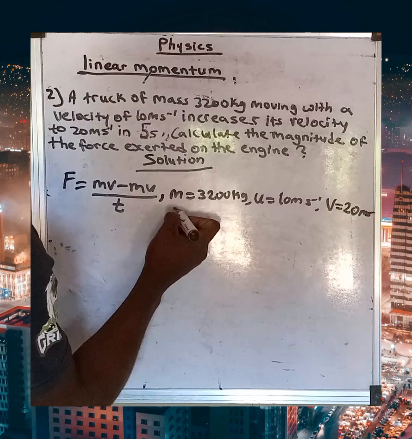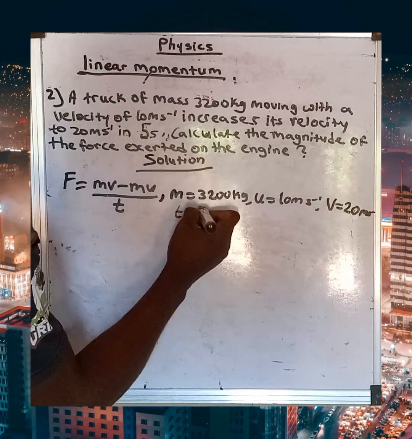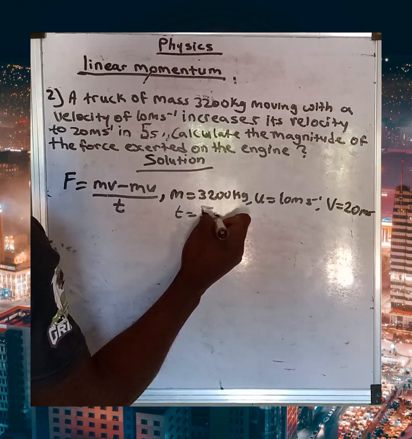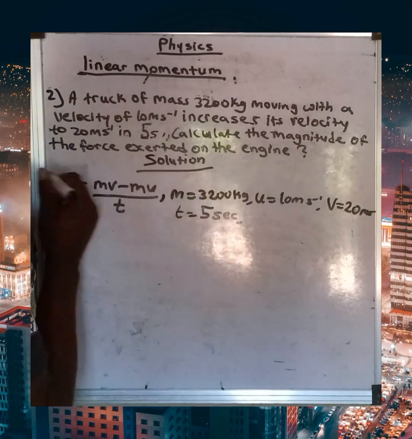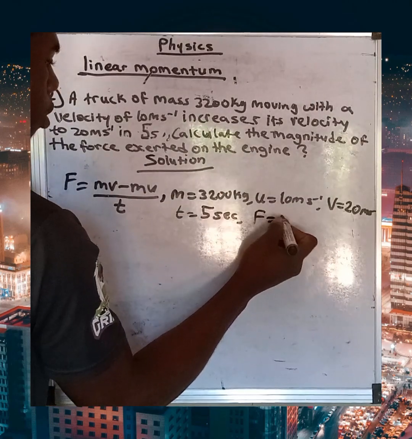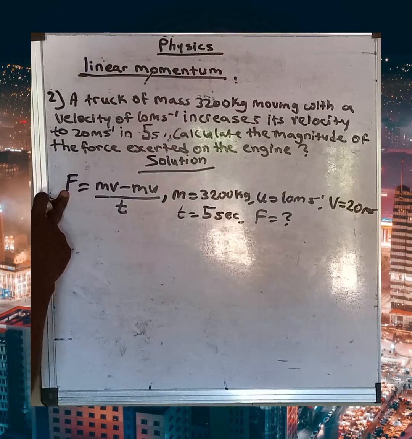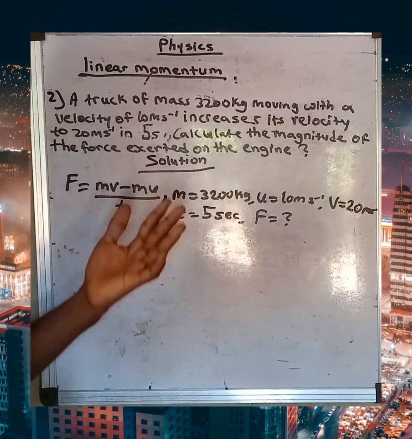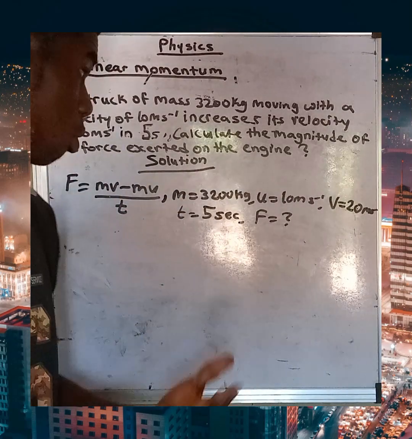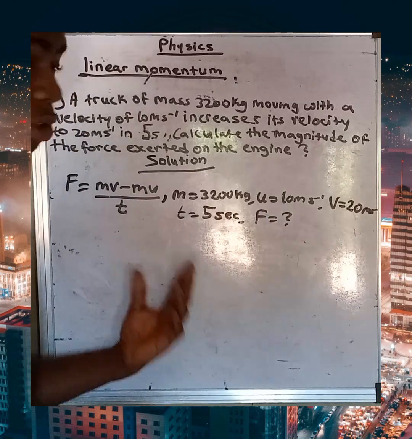And we are given time to be equal to 5 seconds. So we are asked to calculate force. So we'll be looking for this. The next thing we are going to do now is to substitute all these values into this formula.